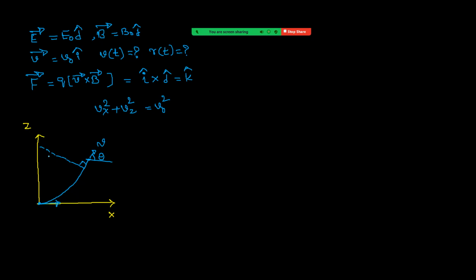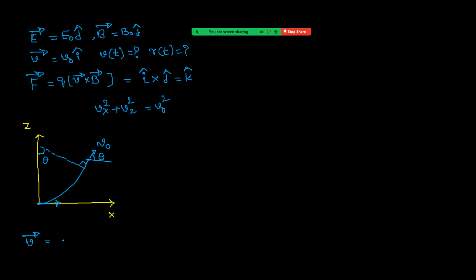If this angle is theta, this angle is also theta. Then see what we can write. Vx, speed is not changing, so it is V naught cos theta. I am writing here.